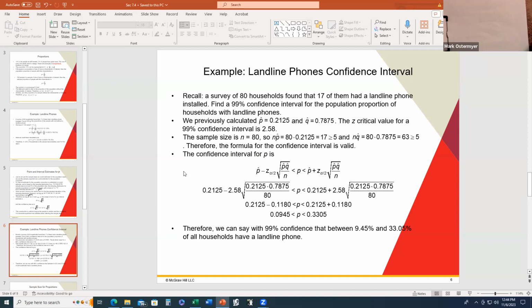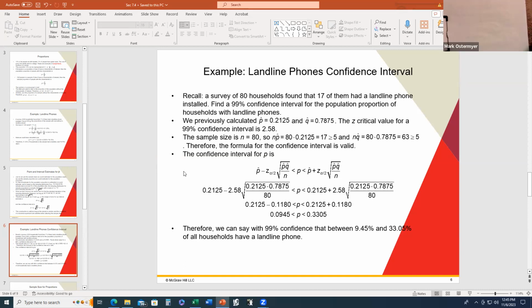We previously calculated the sample proportion, which is 17 divided by 80, which is 0.2125. Q hat is going to be 1 minus p hat, which is 0.7875. Now, the critical z values that correspond to a 99% level of confidence would be 2.58.